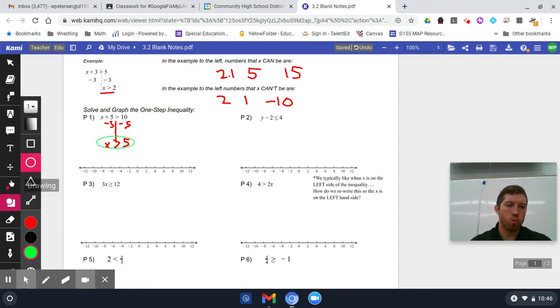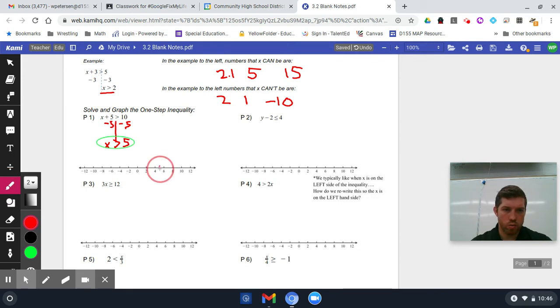Now, we need to graph this. So we're going to go to our 5, which is right here. All right, so we have 5. It is going to be an open circle, or it's going to be a parenthesis, one of the two that you want to use because it's not including the 5.